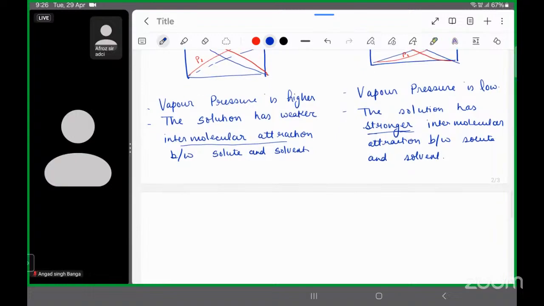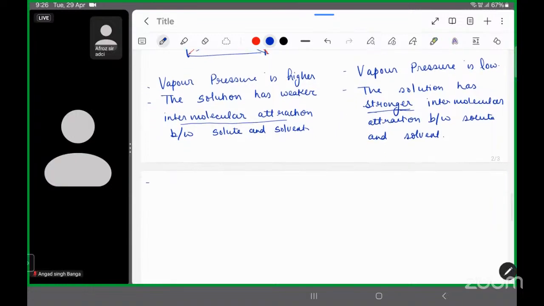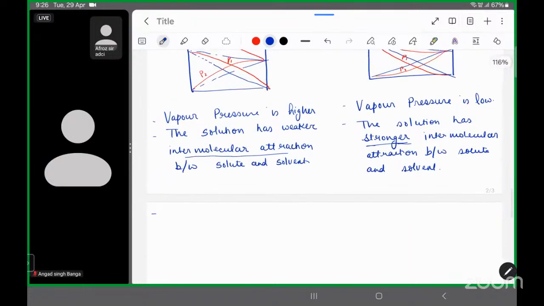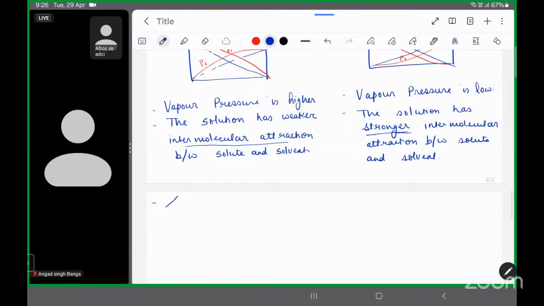Now see here. Can you give the answer? If the solution has weaker intermolecular forces, what will happen? Delta H mixing, the enthalpy change, should be higher than 0.